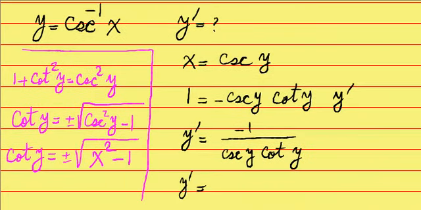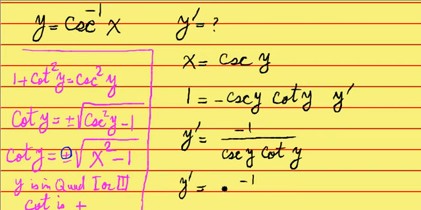So here y is in quadrant 1 or 3. So cotangent is positive. That makes this choice for us. If we make the choice for the angle y to be in quadrant 1 or 3, that is decided for us.